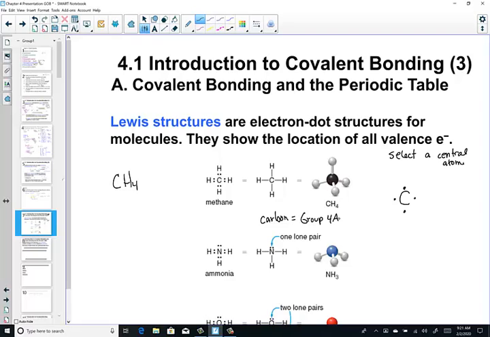Those lonely electrons around the carbon are seeking another electron. And we know that hydrogen, in group 1A, has 1 valence electron. And so I can satisfy hydrogen by connecting to each of these lone electrons and creating single bonds in all directions. This is a molecule known as methane, CH4, the simplest hydrocarbon in organic chemistry.